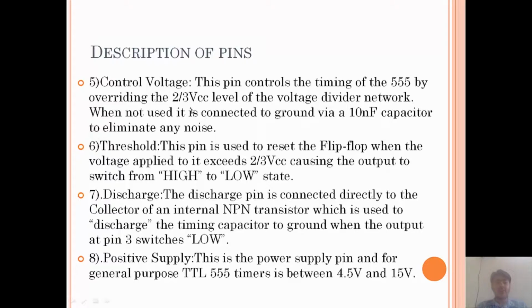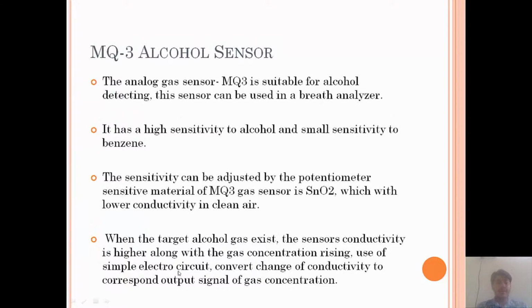When not in use, it is connected to a 10 nanofarad capacitor to eliminate noise. Threshold: this pin is used to reset the flip flop when the voltage applied exceeds 2/3 VCC. Discharge pin is connected directly to the collector of the internal NPN transistor. VCC is the positive supply.